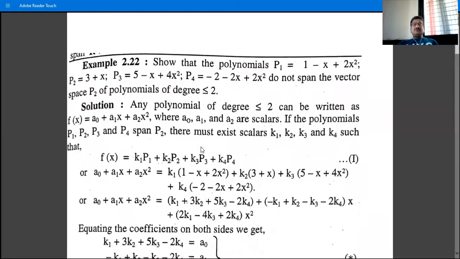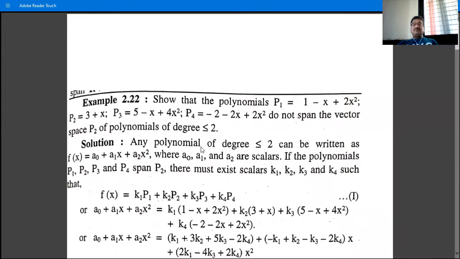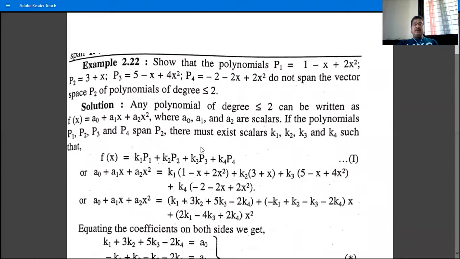When vectors span a vector space, every vector of that vector space is expressed as a linear combination of these p1, p2, p3, p4. When we say these do not span the vector space P2, some element of P2 is not expressed as a linear combination of p1, p2, p3, p4.